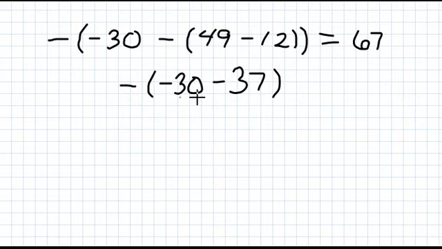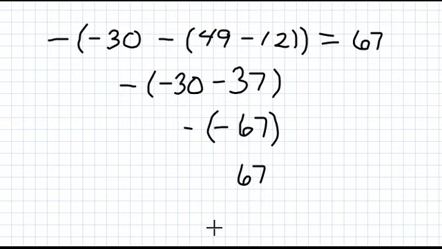Alright, so we have a negative 30 minus 37, so 3 and 3 is 6. So we're going to end up with negative 67. Now I am going to go ahead and put a parentheses around this one. Right, and then a negative and a negative is positive, so we're left with 67. So there you go. That's what our answer is, 67.